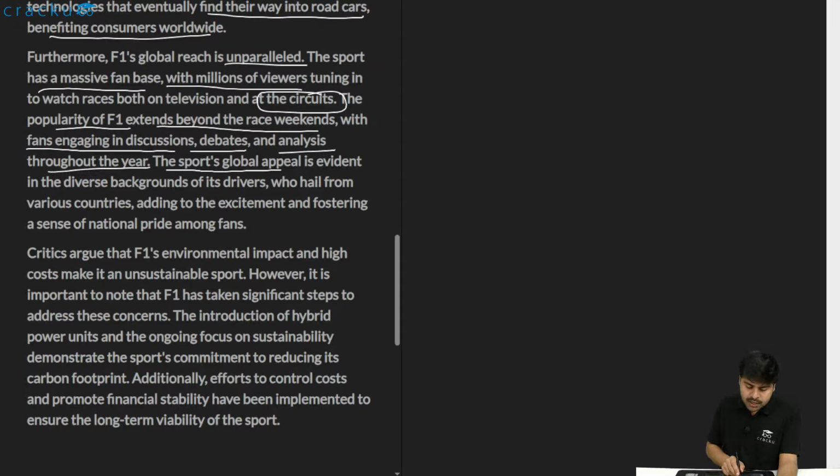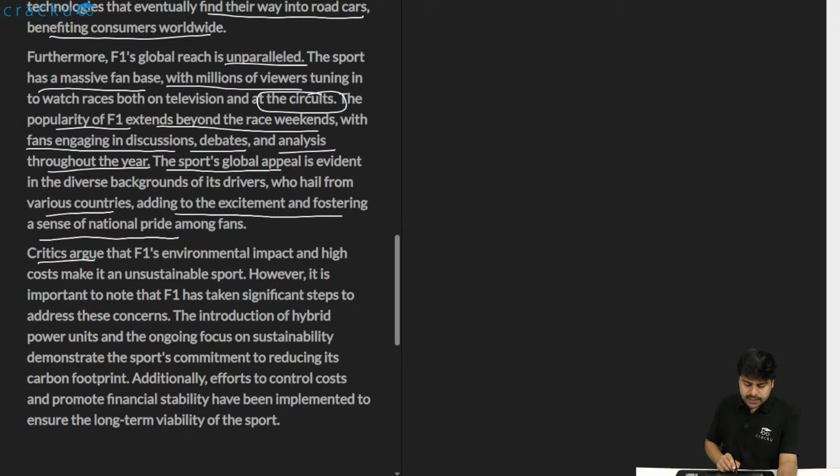The sport's global appeal is evident in the diverse backgrounds of its drivers, who hail from various countries, adding to the excitement and fostering a sense of national pride among fans. So the audience is from all over the world, and there is a sense of national pride when people see their fellow citizens competing in these global events.